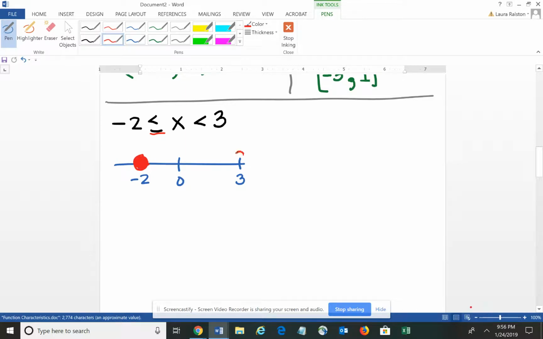The 3 is not used, and so it would be open, and we want values in between. So thinking about that in interval notation, we begin at -2, comma, we end at +3. The -2 is included, so it gets a bracket. The 3 is not included, so it gets a parenthesis.